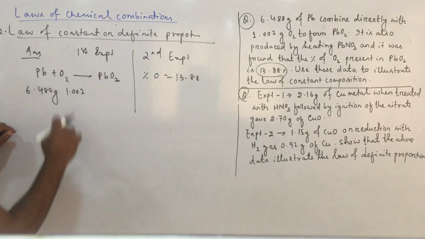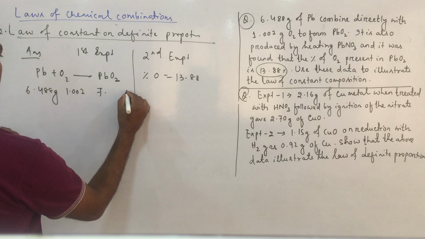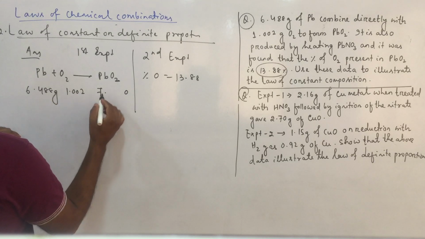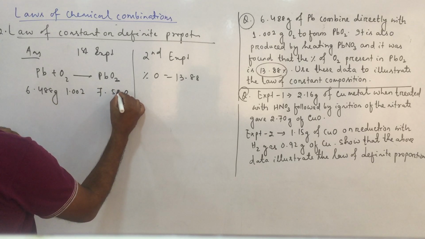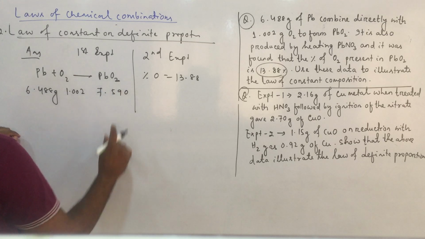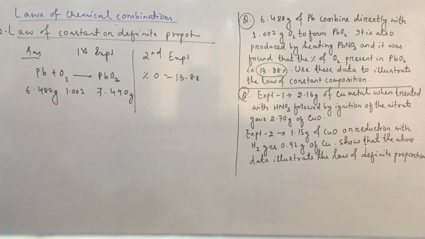According to the previous law, we will add these, 7.490. Clear now?